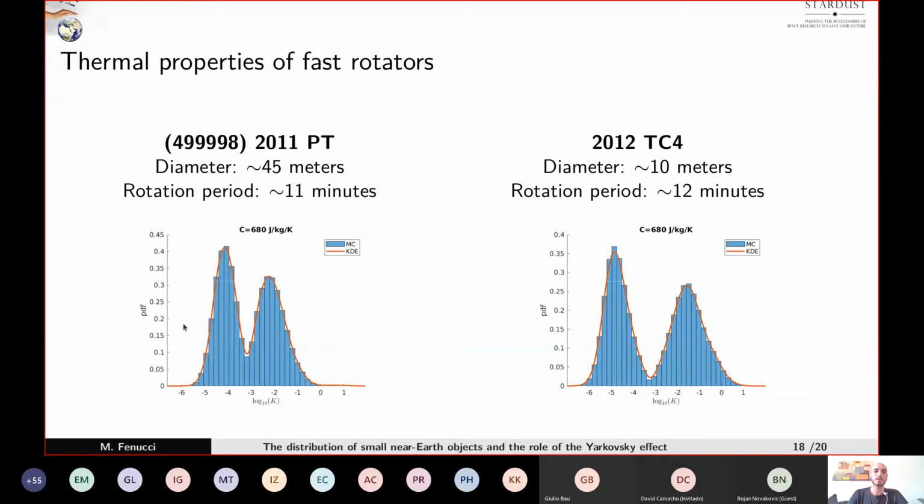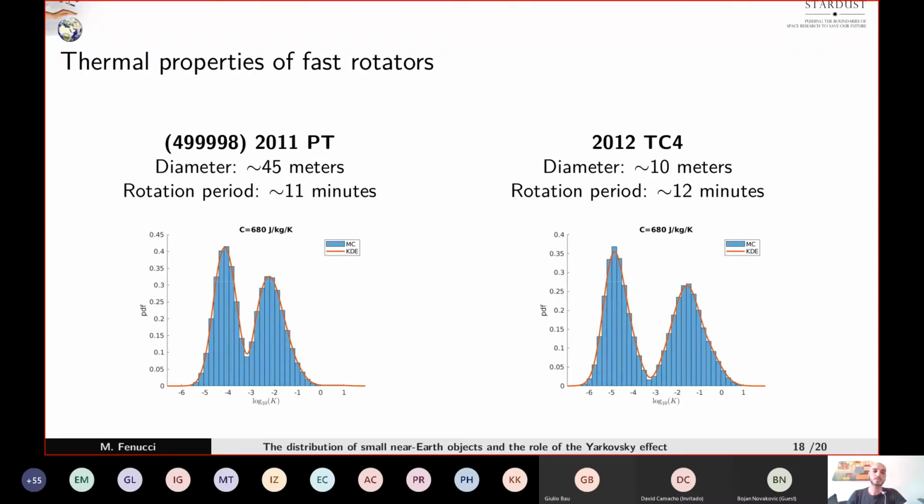And here I'm showing the density function of the thermal conductivity. And we can appreciate the fact that the most likely values of this parameter are very low because they are around 10 to the minus 4 and 10 to the minus 2 for 2011 PT, and 10 to the minus 5 and 10 to the minus 1.5 for 2012 TC4.